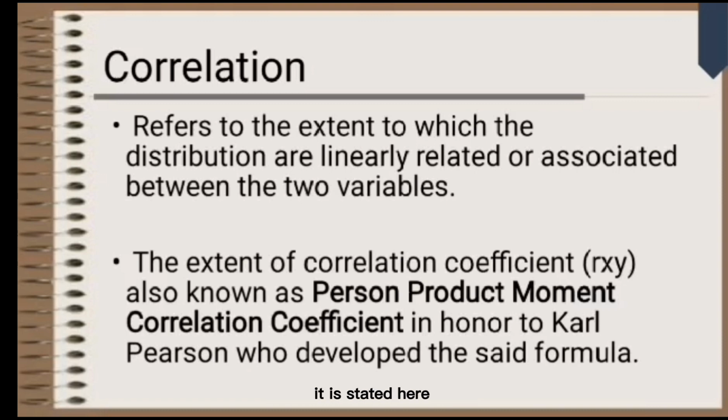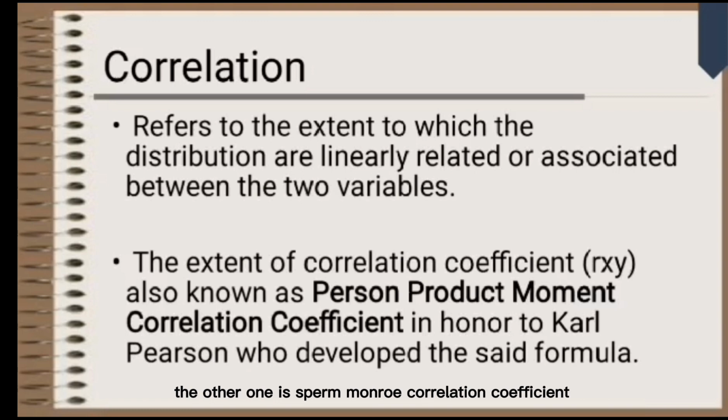To continue, the extent of correlation is measured by the correlation coefficient, r_xy, also known as the Pearson product moment correlation coefficient, in honor of Karl Pearson, who developed the said formula. The Pearson product moment correlation coefficient is one of the two types of correlation coefficient.